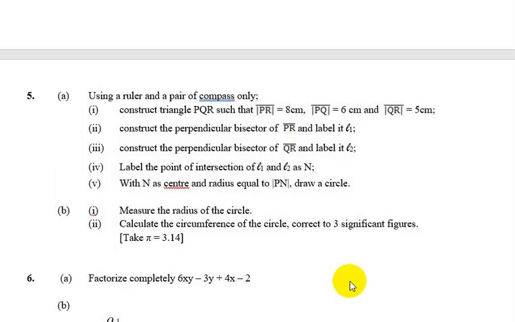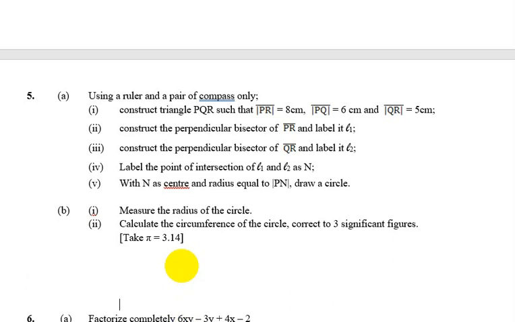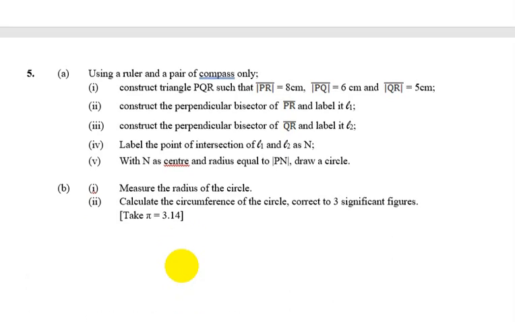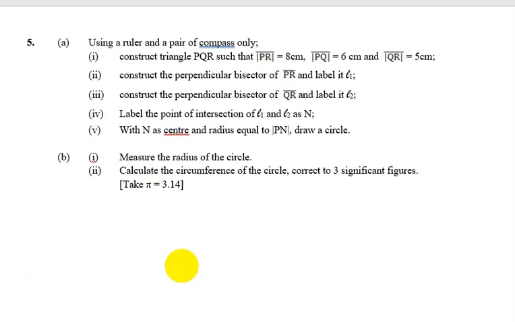Okay, so number 5 is a construction question. For construction questions, I'll just do a sketch of it, but it will be better if you do it yourself. So let me do the sketch of this construction question. Then after I'm done, you try your hands on it. The question says: construct triangle PQR such that PR is 8 centimeters, PQ is 6 centimeters, and QR is 5 centimeters.